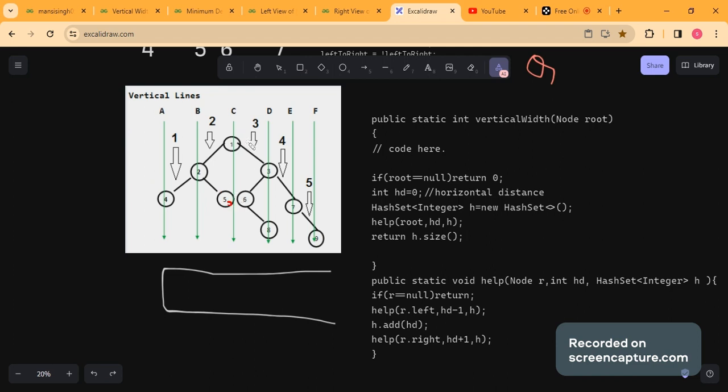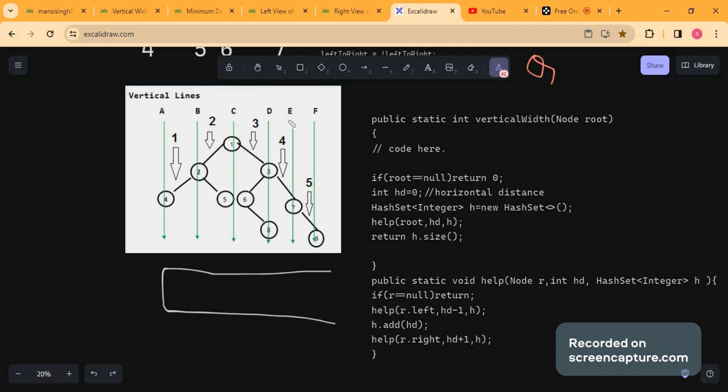Now all of these indexes are known to us, so now we move to the right-hand side. It was initially 0 and this index now is 1 because we have traveled to the right-hand side. Now if this index is 1 and we are moving to here, this index again becomes 0. It means that although it looks like these three are not on the same level, according to the horizontal distance concept that we are trying to use here, all these three lie on the same line.